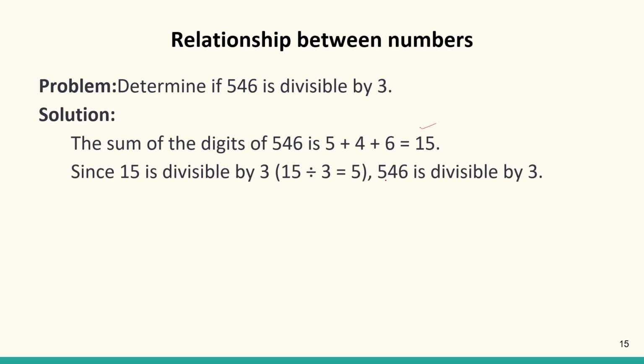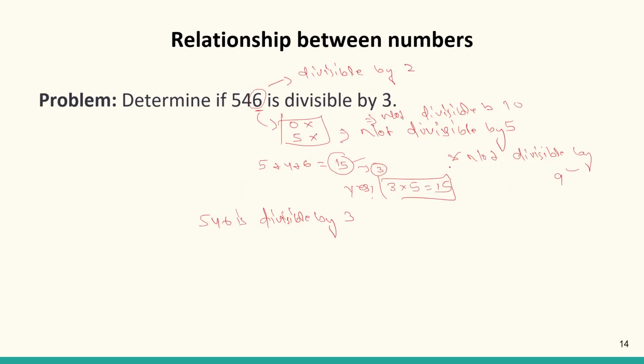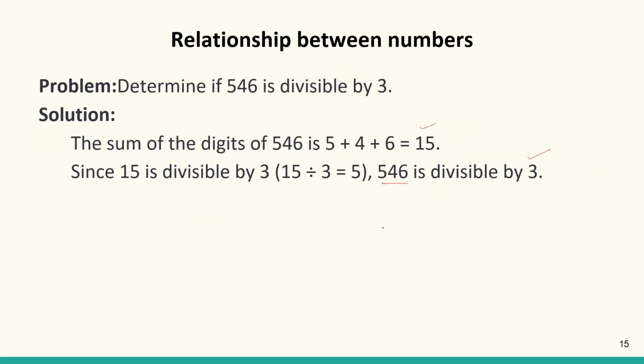That is why the whole number 546 is actually divisible by 3. And we also checked for other numbers like 9, 5, 10. Okay, so we can rewatch the previous video and get a gist of all the rules up to number 19. And we can test it here or with any number.